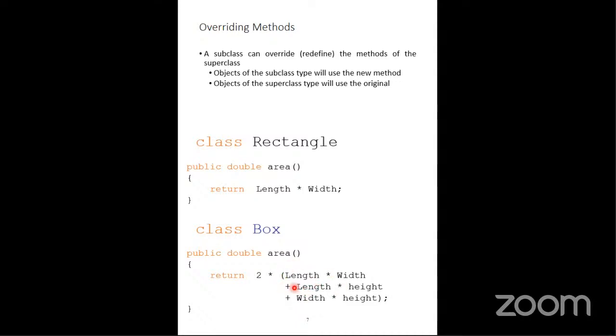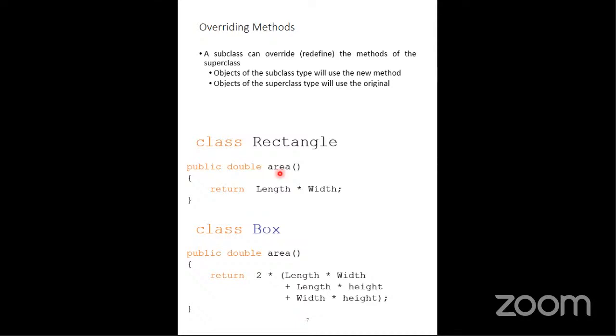Now, if I create an object of the Rectangle class, suppose I write Rectangle R1 is equal to new Rectangle, and if I call R1 dot area, this method will be called. Applying this logic, an object of the superclass will use the original version. This is the original version of the area method.